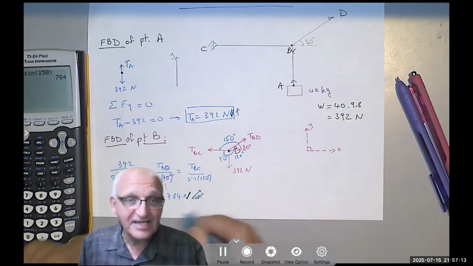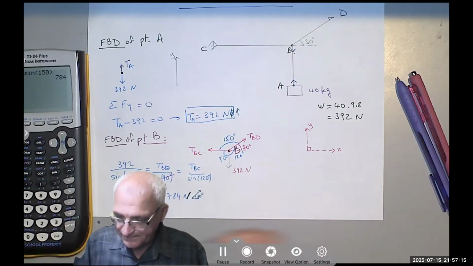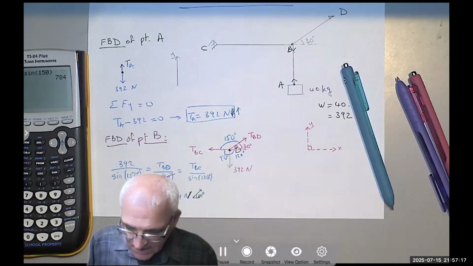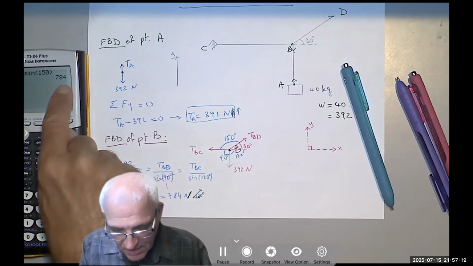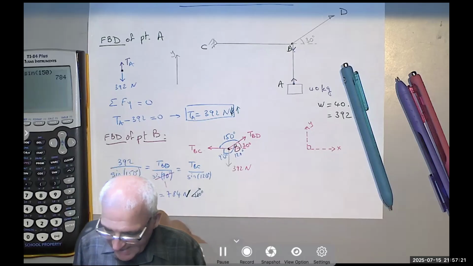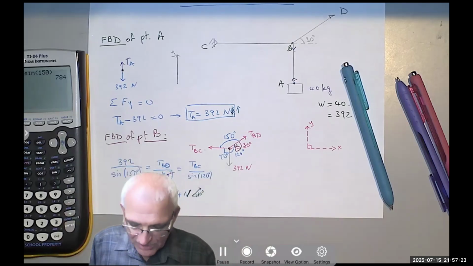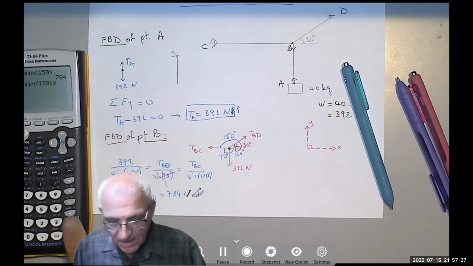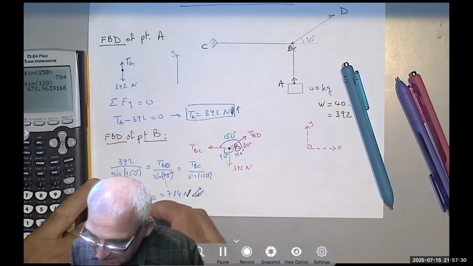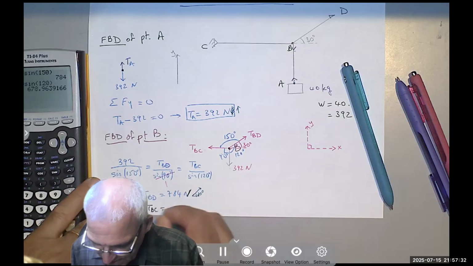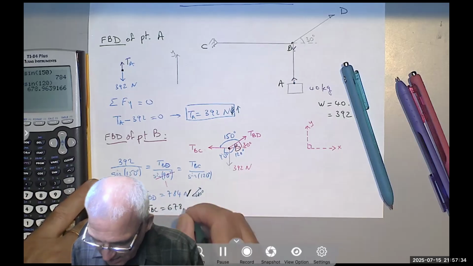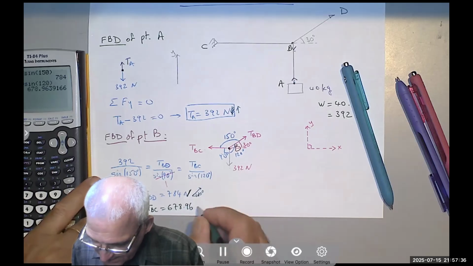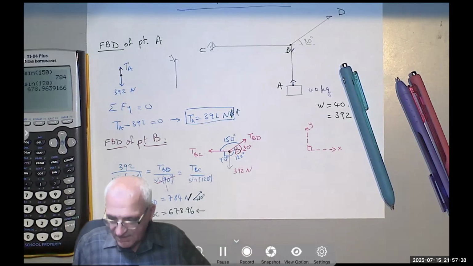So you show the direction because TBD is a vector. And TBC is the same quantity, which is 392 divided by that, multiplied by sine 120. So I can simply multiply this by sine 120 and get TBC equals 678.96, and it's pointing to the left, Newton.